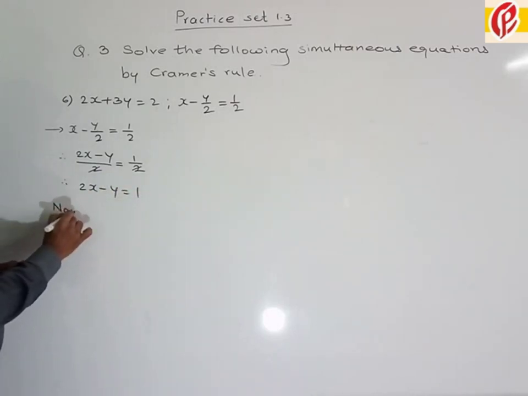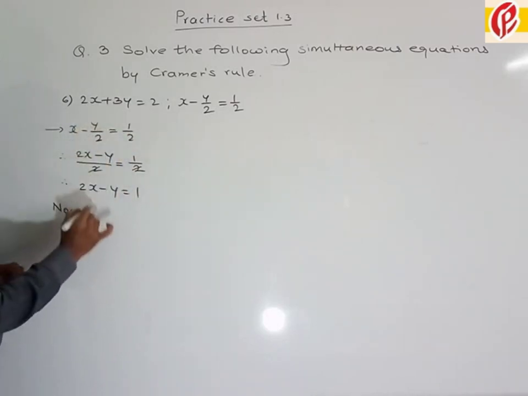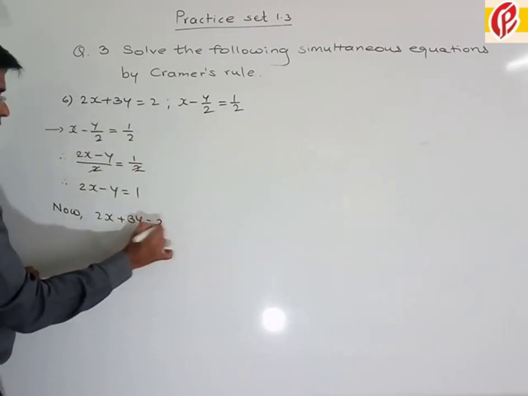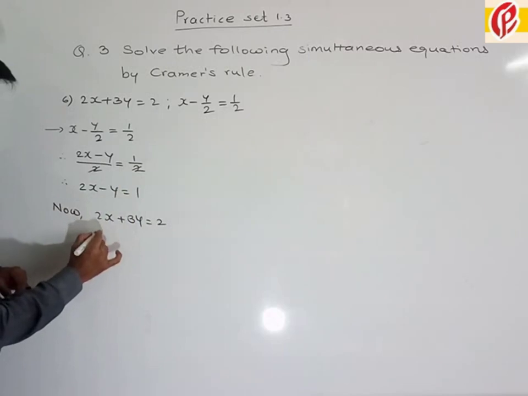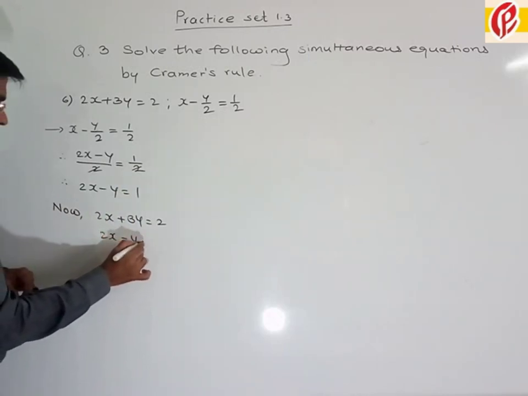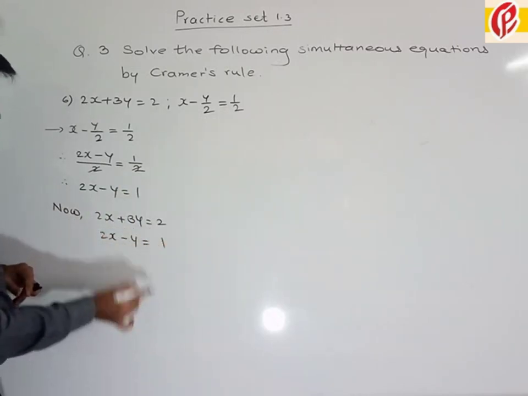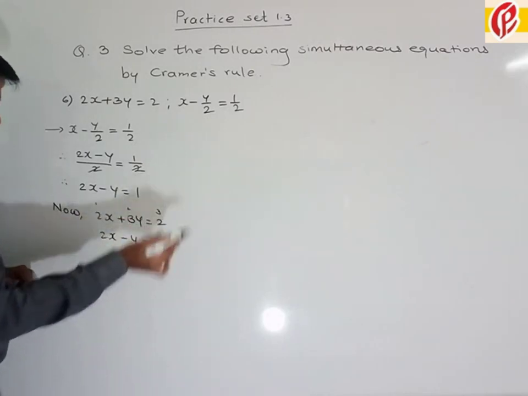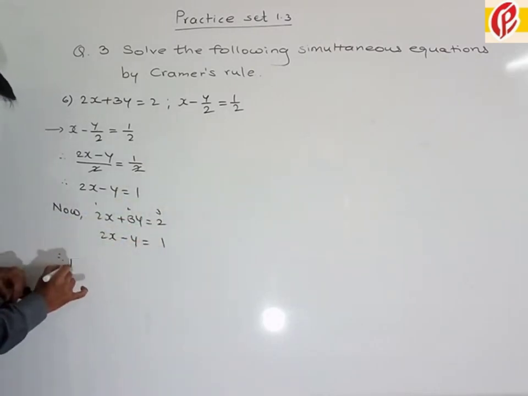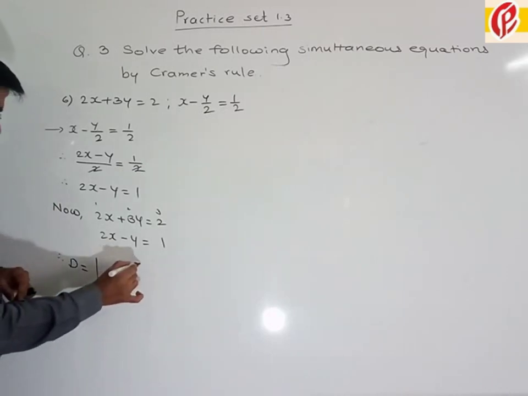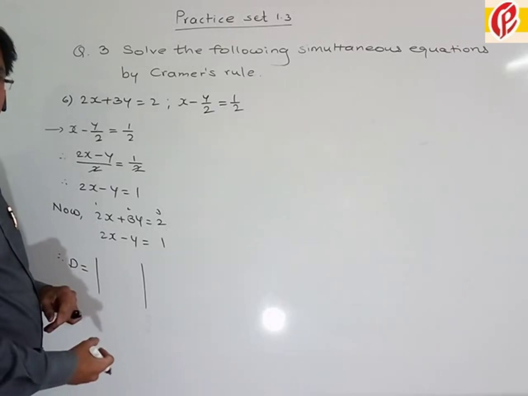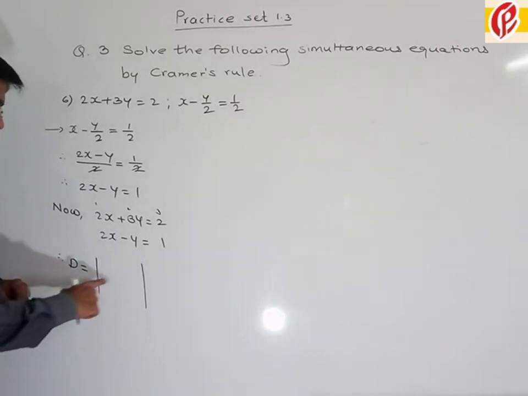Now I will write the first equation, that is 2x plus 3y is equal to 2, and this second equation 2x minus y is equal to 1, and then here is 1, here is 2, and here is 3. Therefore d is equal to, tell me the number for d. Number for d is what? Yes, correct, 12.